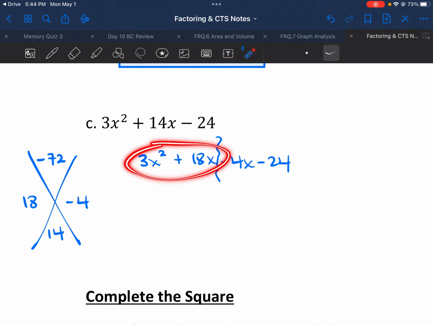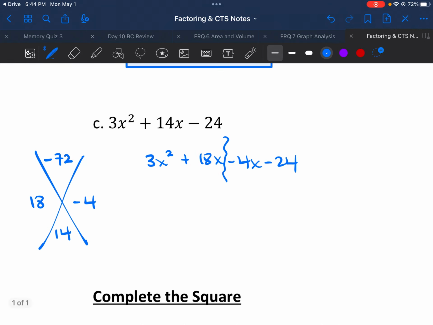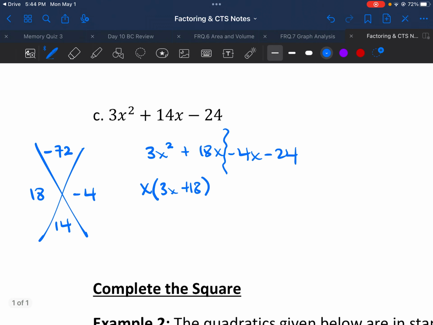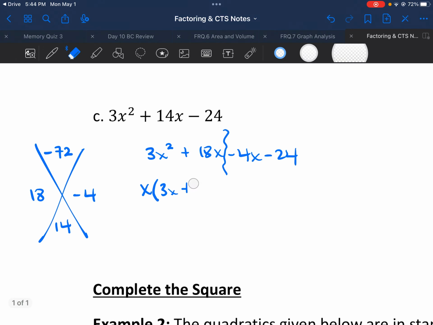All right, now factor by grouping, split it in the middle, factor just the two terms on the left. Well, if we look at these two terms on the left, they share an x in common. So if I factor out an x, I'm going to get 3x plus 18. Actually, hold on. They share 3 in common as well, right, because 3 can go into 18 6 times.